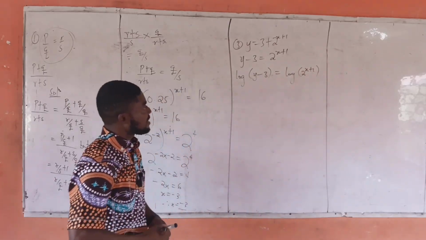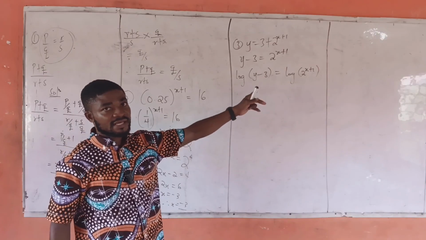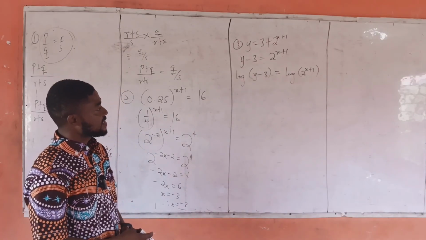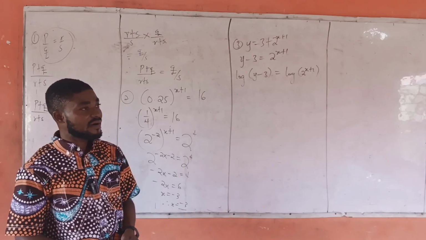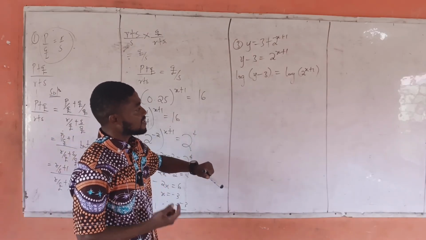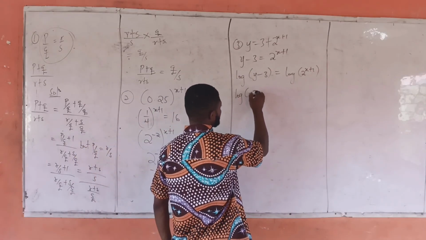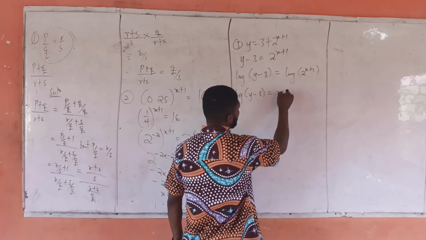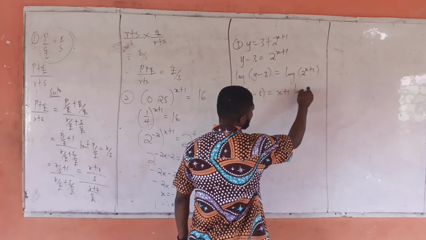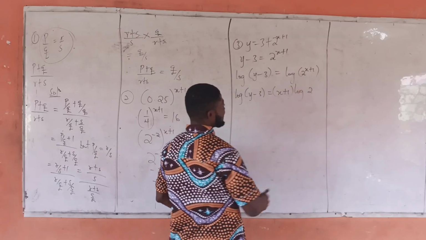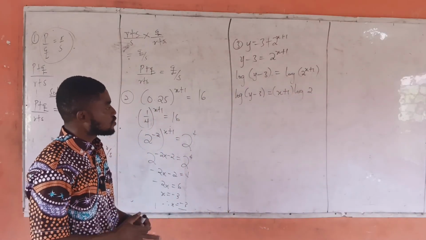If I introduce the logarithm, from the laws of powers, I have to move the x plus 1 downwards. I have x plus 1 log 2.